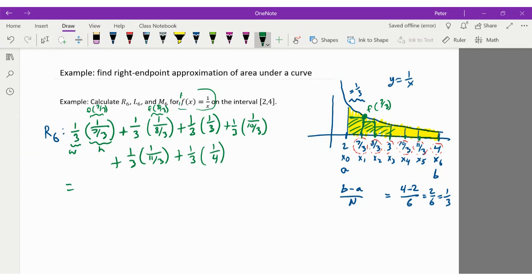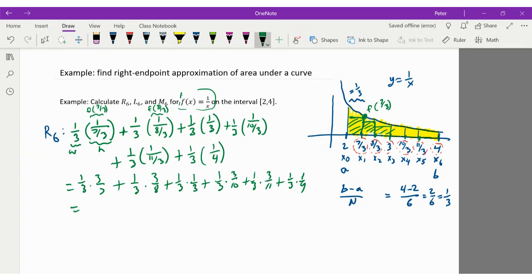There we go. So simplify this a bit, this is going to be 1/3 times 3/7 plus 1/3 times 3/8 plus 1/3 times 1/3 plus 1/3 times 3/10, 1/3 times 3/11, and 1/3 times 1/4.